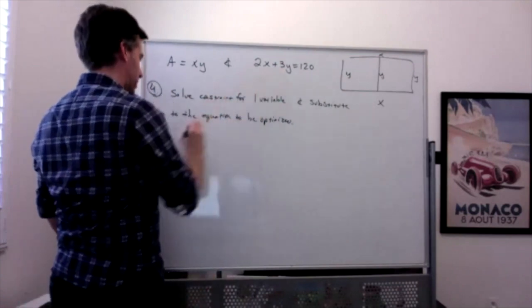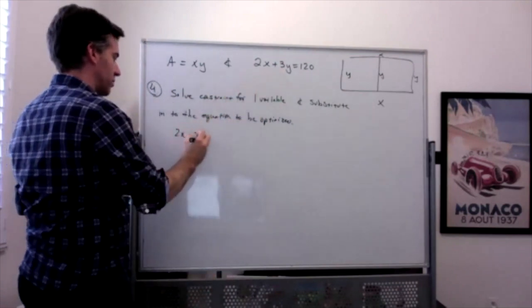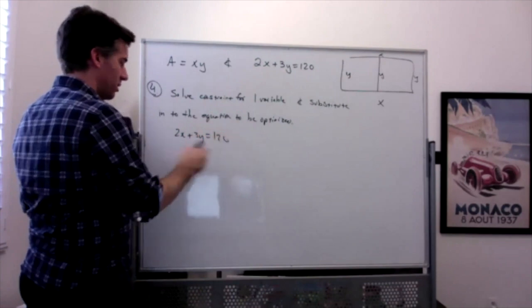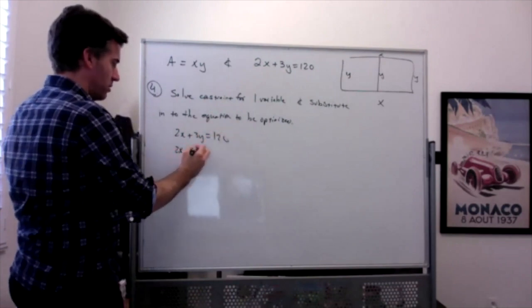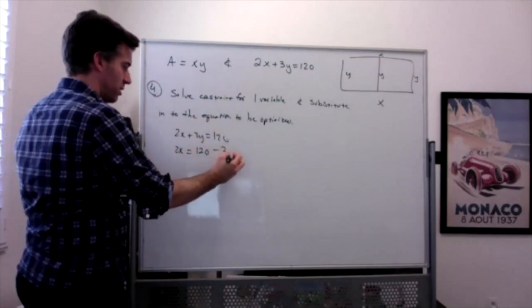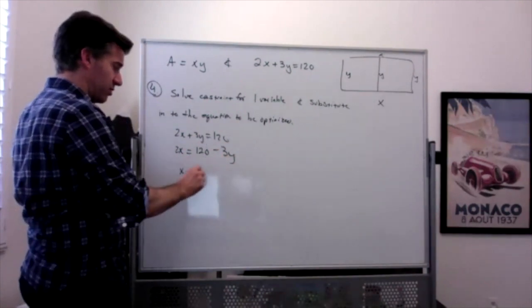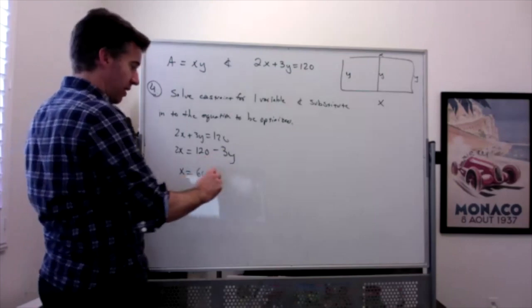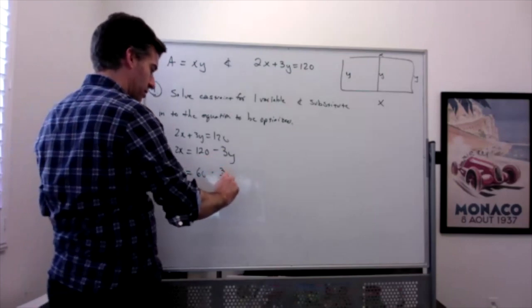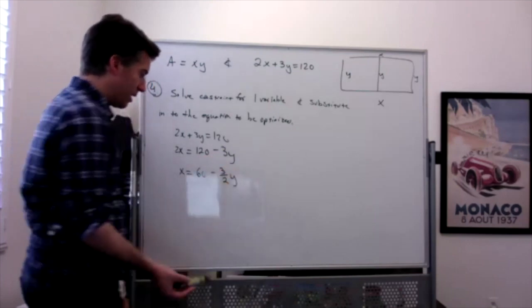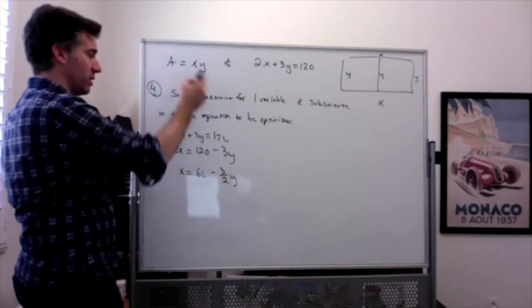So solving for x, 2x plus 3y equals 120. Subtract 3y, and then divide everything by 2. So that x equals 120 divided by 2 is 60, and negative 3y divided by 2 is negative 3 halves y. And then we're going to plug that into this equation.